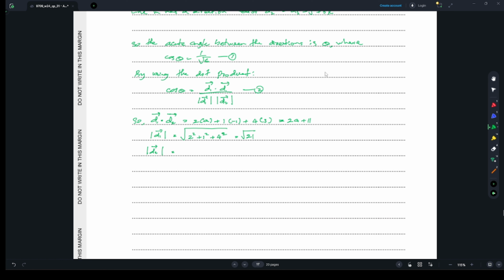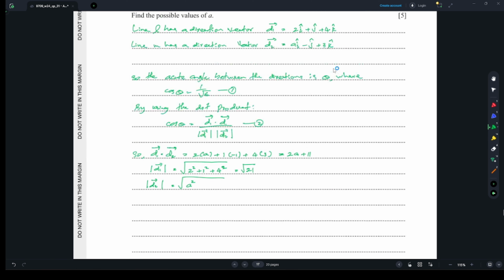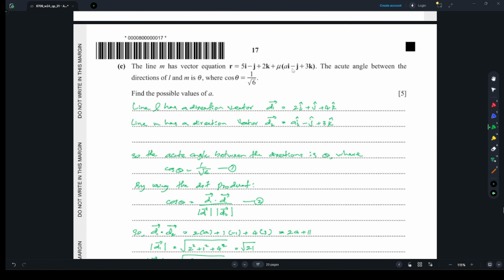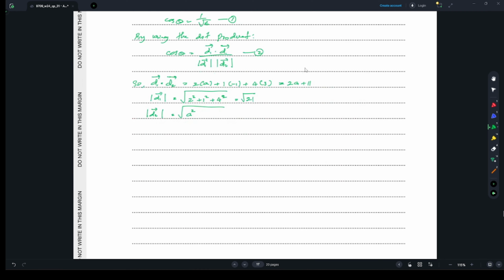Also D2. So in there you have A squared, minus 1 squared, 3 squared. So we will have here A squared plus 10.